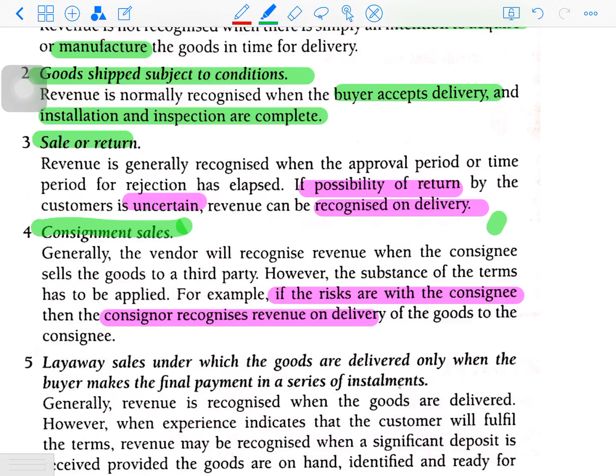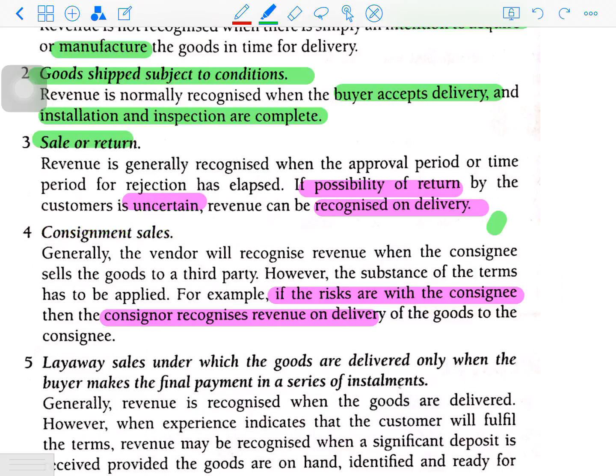Tapi kalau agreement dia kata, tuan kedai tu kata, oh saya akan bagi balik yang tak laku tu, saya tak belilah. Yang laku tu saya bagi duit lah contohnya. So maknanya Gardenia akan recognize revenue kalau situation macam tu bila barang tu dah dijual kepada customer. Itu. You kena tengok kepada substance of the transaction and agreement. Substance of the agreement.